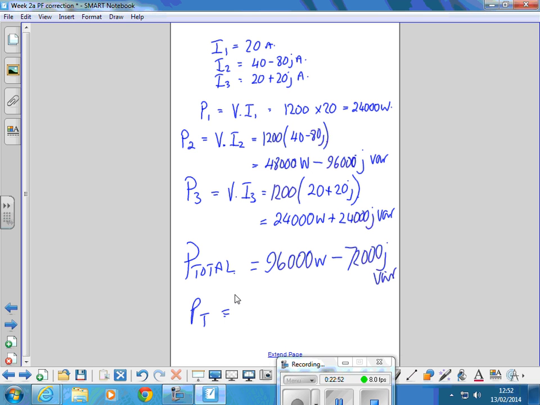That's 120,000 VA at an angle of minus 36.8 degrees.